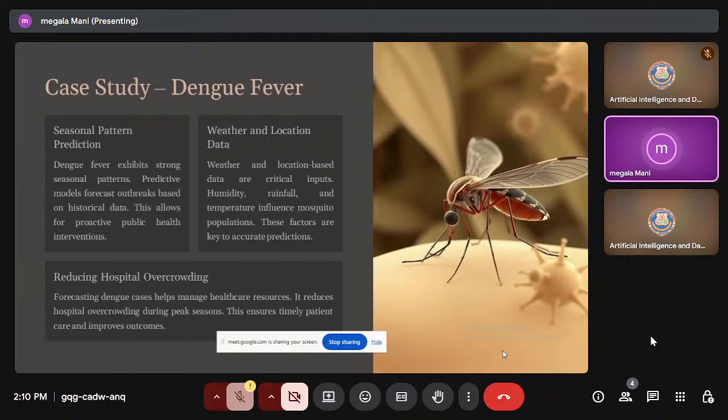Weather and location data can include rainfall, humidity, and temperature. And reducing hospital overcrowding is based on the environment and the spread of diseases. Forecasting dengue cases helps manage healthcare resources and reduces hospital overcrowding during peak seasons.